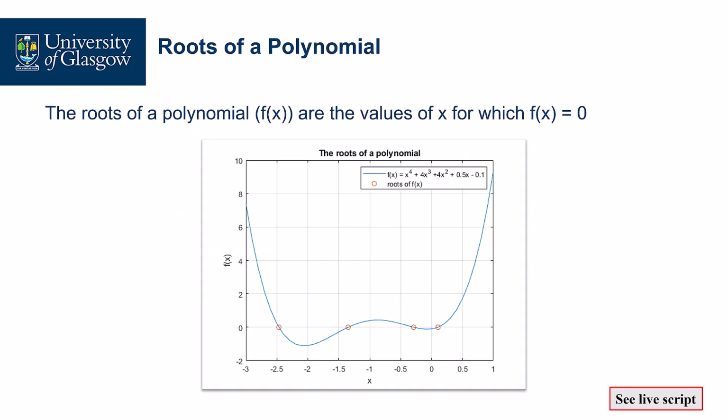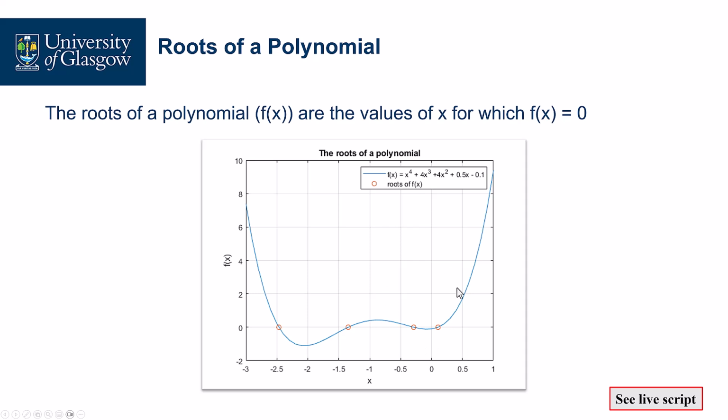So here I draw a polynomial in a certain area, x from -3 to +1. So this is a polynomial. So what is a polynomial? It is x with the power of 4 plus 4x with the power of 3, and blah, blah, blah. So this is a polynomial in this region.